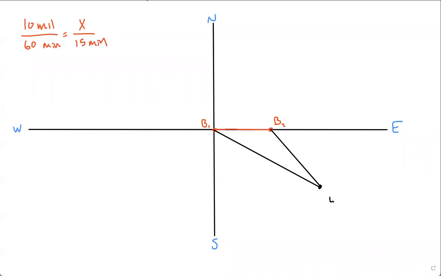So you can cross multiply that. And in the end, you would get that x equals 2.5 miles. So that tells us this red side is 2.5.